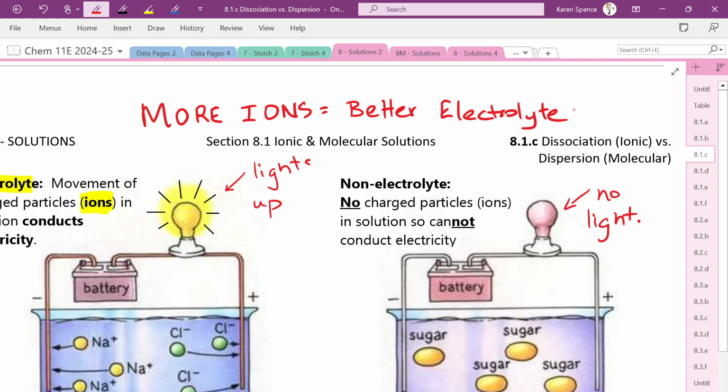Oh, well, that's new. Okay, so that's 1 molar acetic acid. Interesting. Let's try 0.1 molar. Okay.